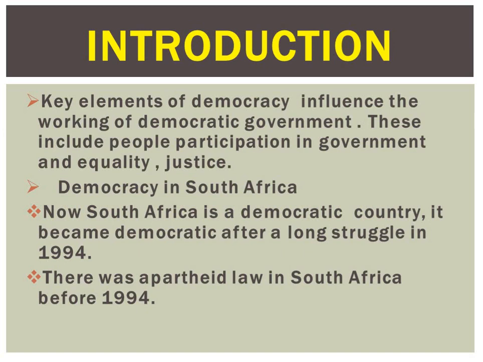So now South Africa is a democratic country. It became democratic after a long struggle in 1994 itself. There was apartheid law in South Africa before 1994. So now let's discuss the apartheid law.